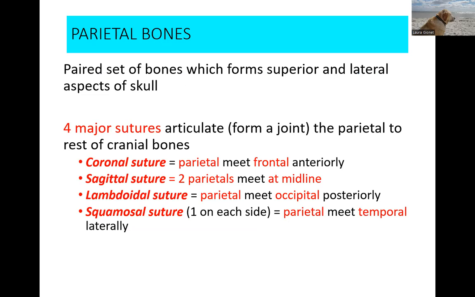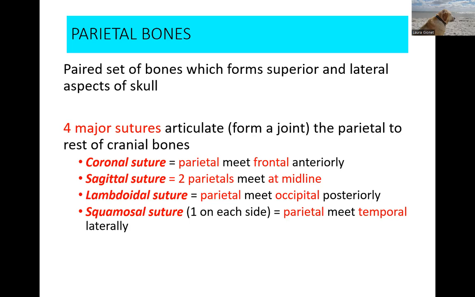There are points where the parietal bones connect to other bones, and those form what we refer to as sutures. It's a type of joint, and we have fibrous connective tissue attaching these bones together. The coronal suture is where the parietal bone meets the frontal bone.